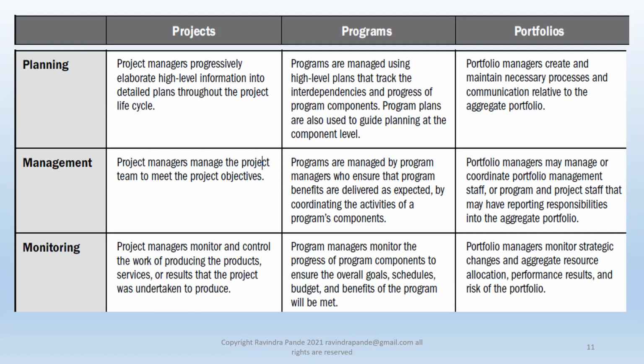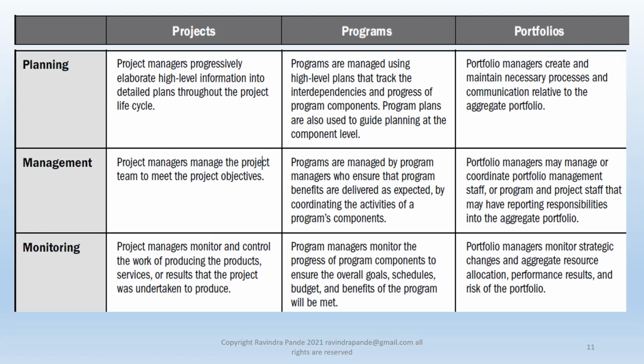Now let's try to understand from a management perspective. A project manager normally manages a singular project and tries to meet the project objectives. In program management, programs are managed by the program manager, who ensures that the program benefits are delivered as expected.